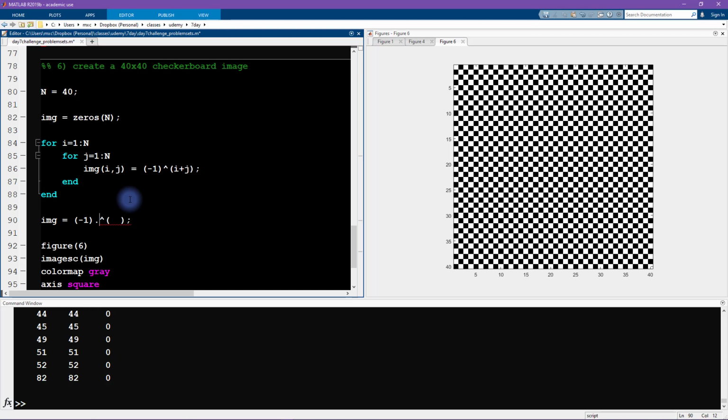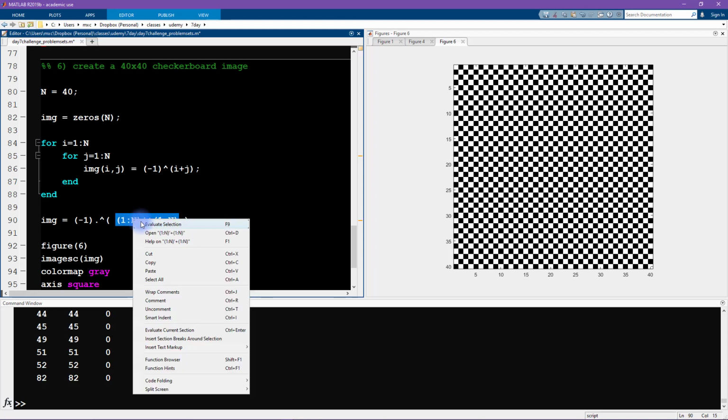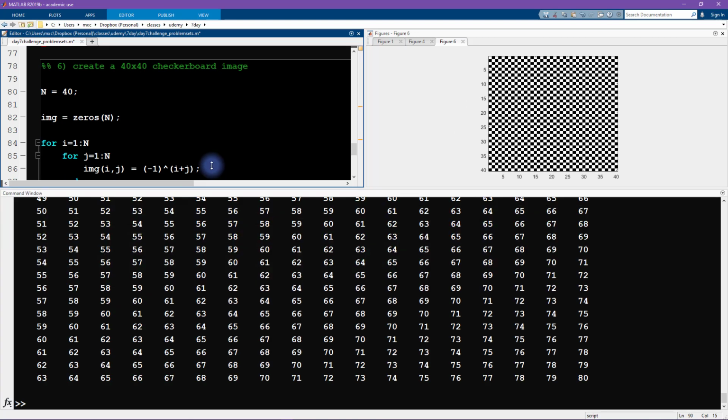So that's why we need the dot caret instead of just the regular caret. And so what I'm going to do here is basically expand all of these i plus j's using some matrix notation. So this is going to be 1 to n, make this a column vector, plus 1 through n as a row vector. And MATLAB is going to automatically expand this into a matrix.